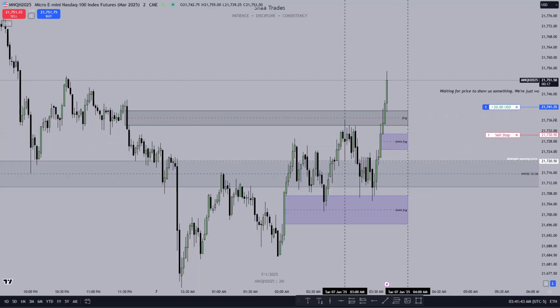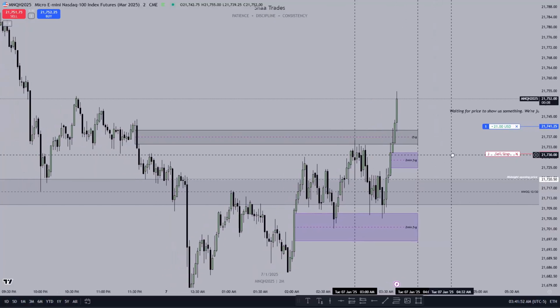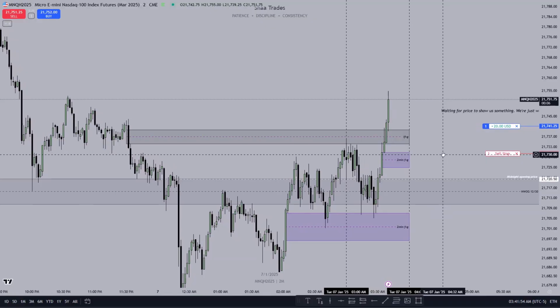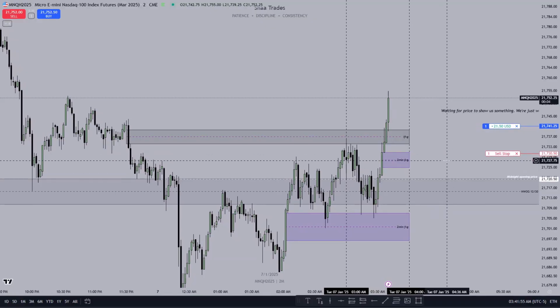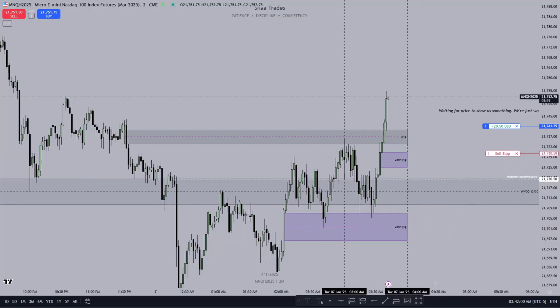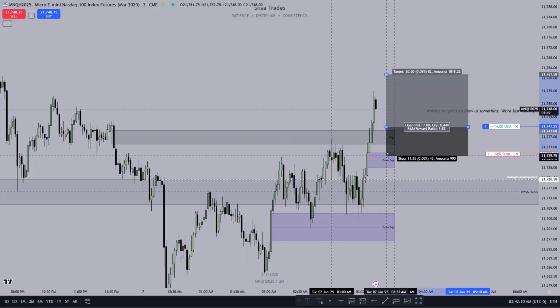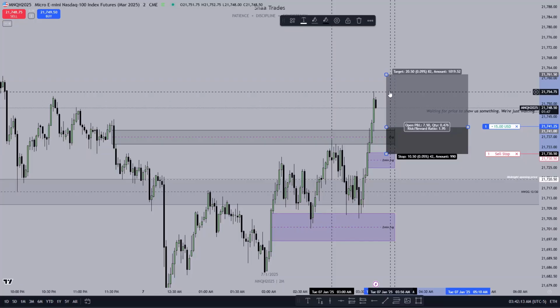For this one, I'm gonna target, I have one contract in, so I'm just gonna target like a 1 to 2 or a 1 to 1. Let's see where that gets us. Target here, my stop loss right there.